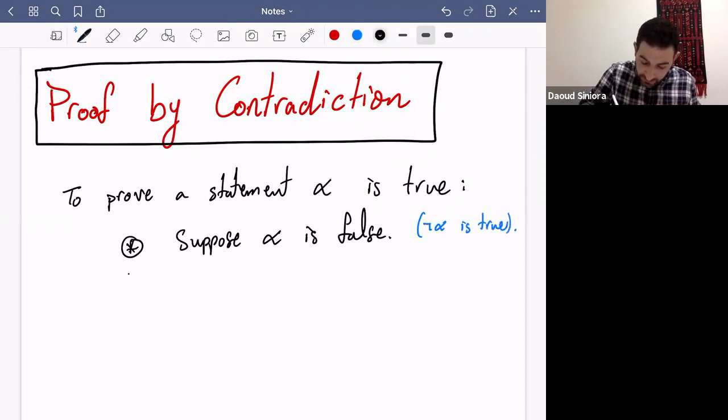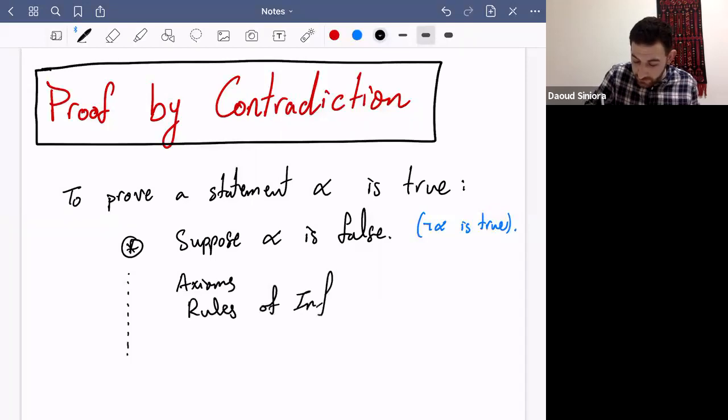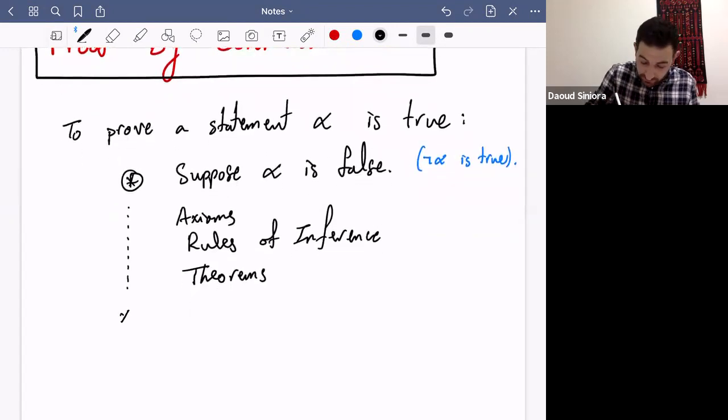Okay, and next we can use what we are allowed to use in proofs, which are the axioms, the rules of inference, previously proved theorems, until we get a contradiction. So get a contradiction. This is our goal, to get a contradiction.